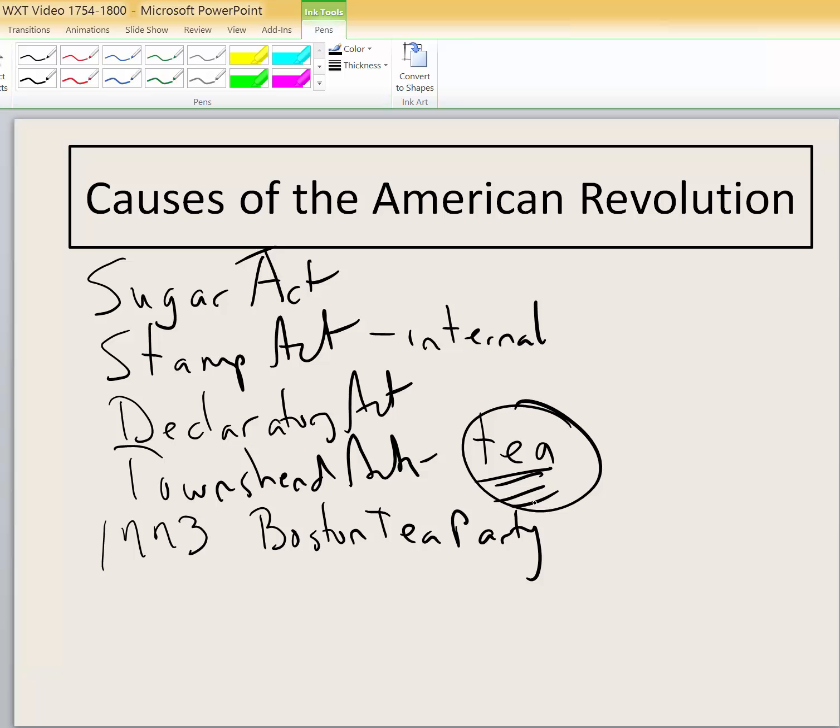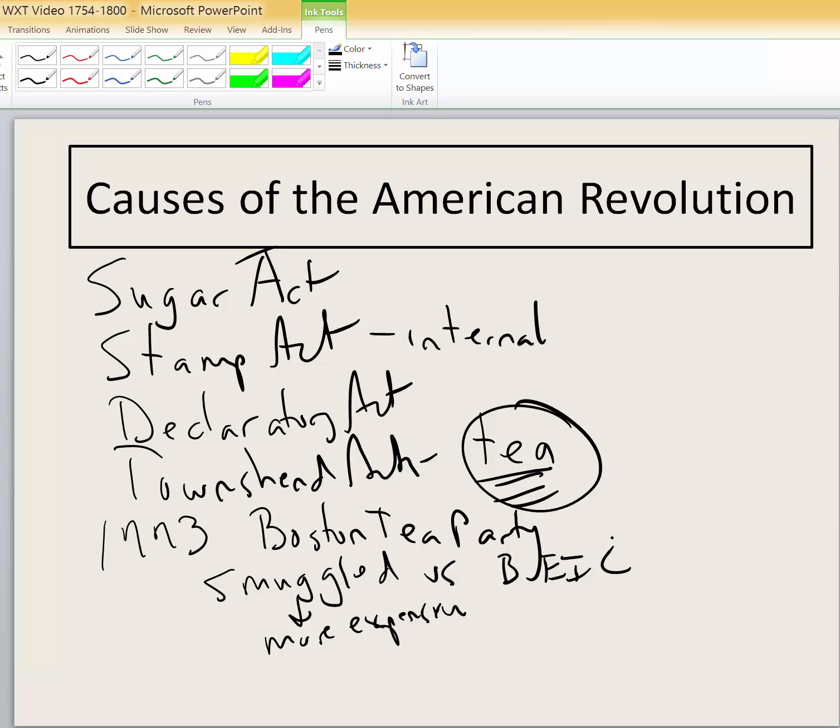And they even lowered the cost of the tea. Sometimes this is hard for people to understand. If you have smuggled tea, which is breaking the law, versus the British East India Company, the smuggled tea was the more expensive of the two. Yet, it was more the principle that upset and infuriated the colonists as much as it did.